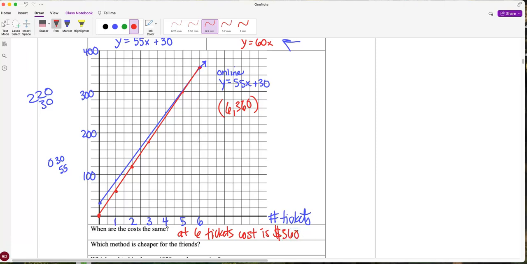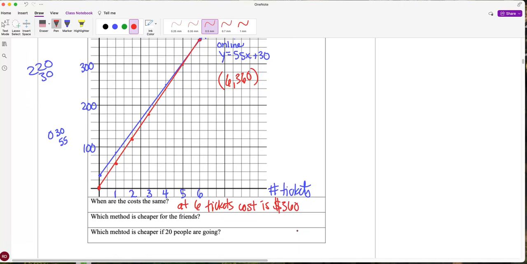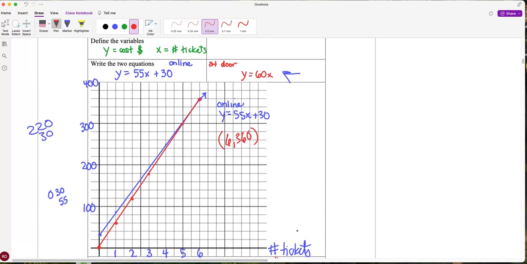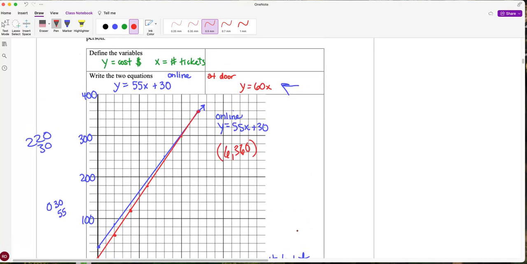Which method is cheaper? Okay, so if you look at it, it depends. The red line is cheaper for tickets up to 6. Let's look at what's happening at 5. At 5, you get 300 in the red line, and if you plug in a 5 there, what is that? 5 times 55, 275 plus 30.